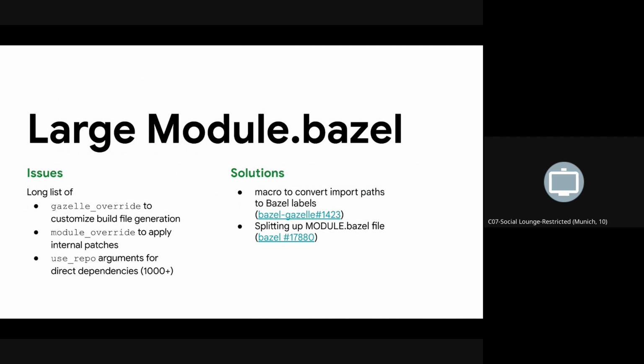But another big issue is that we have a lot of overrides. We have about 1,000 direct dependencies, and for a lot of them we have to give special Gazelle directives, and we also have to add patches in hundreds of different places. Now we use our repository directory structure with owners or metadata files to restrict reviewership to different code paths, so if you change this code path, you have to get a review from this team.